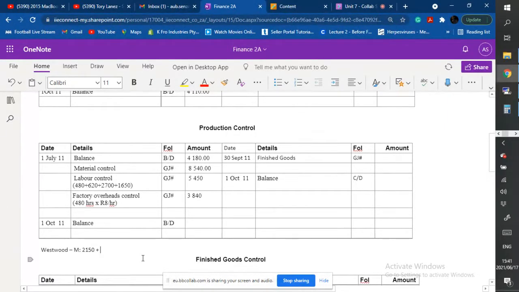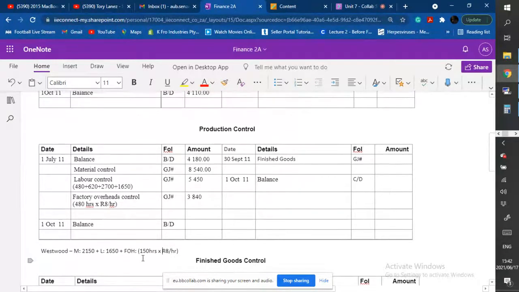And then we know that there's also a labor cost of 1,650. And we know that there is also a factory overhead that we need to calculate. So to calculate that, 150 hours times our absorption rate of 8 Rand per hour.